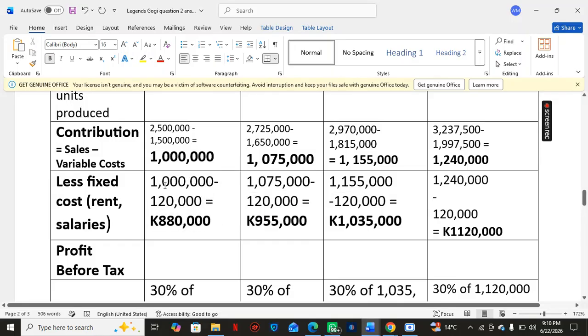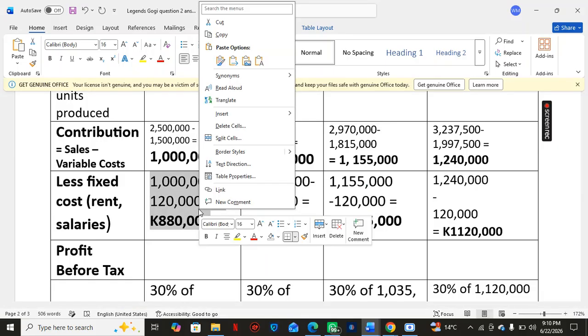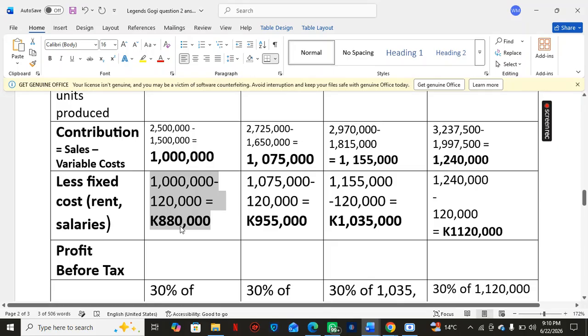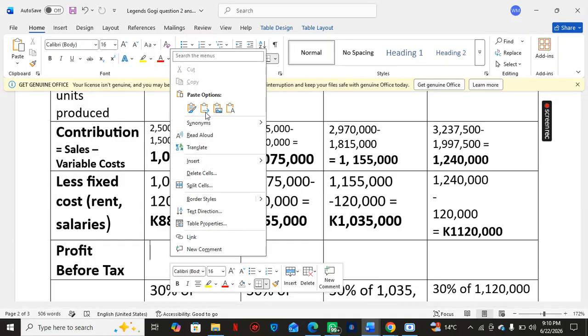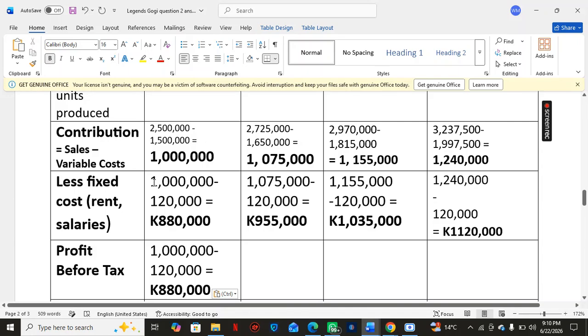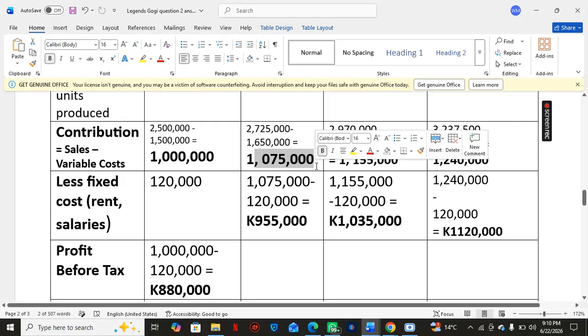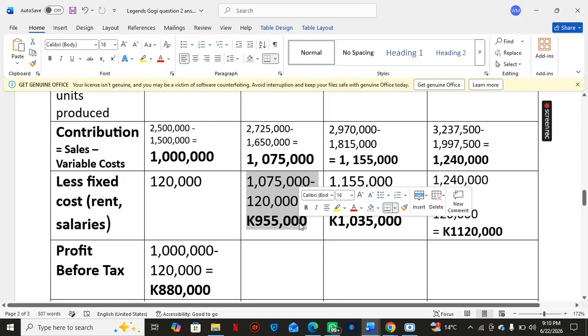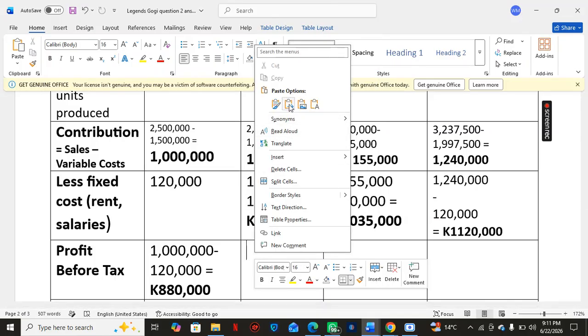For year one, 1 million, which is our contribution, minus the fixed cost of 120,000, you get 880,000. Year two, the contribution 1,075,000 minus 120,000, get a profit of 955,000.